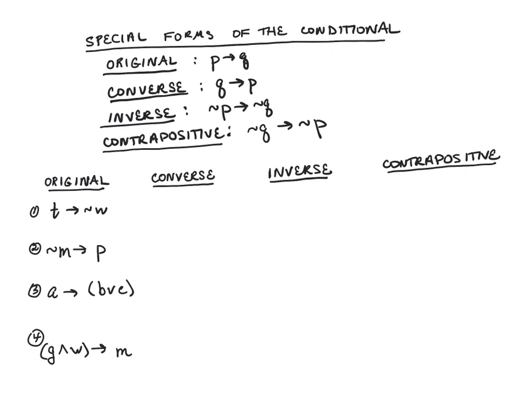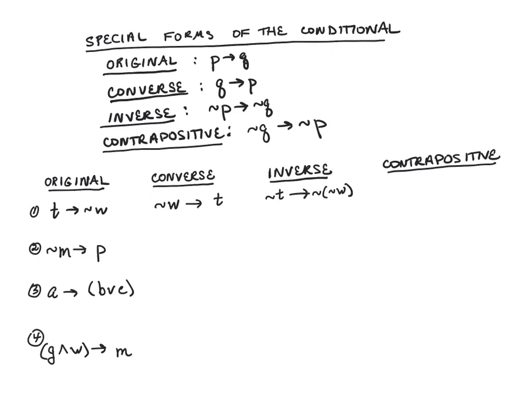So the converse of this original conditional would be interchanging the antecedent and consequent. So it would be if not W, then T. The inverse is negating the original antecedent and the original consequent and forming the conditional.